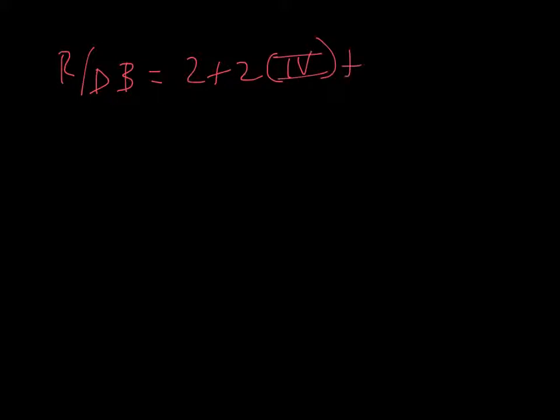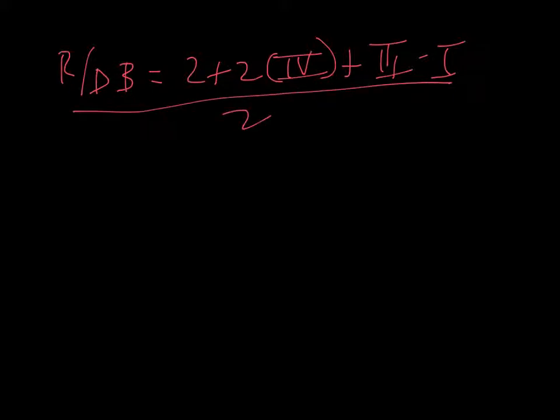Undo. No. Huh. Interesting. All right. So RDB is equal to 2 plus 2 times 4 plus 3 minus 1 divided by 2. Okay. So the 4 is equal to tetravalent. I'm not going to write that one out since I'm having a problem.